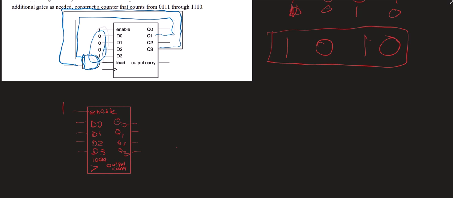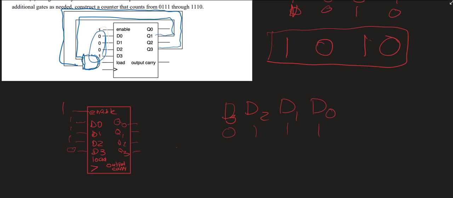Now remember, we're labeling these as D3, D2, D1, D0. So that's 0, 1, 1, 1. So we'll have 0 going into D3 and 1s going into the others. So that's how we're going to set it up to load.